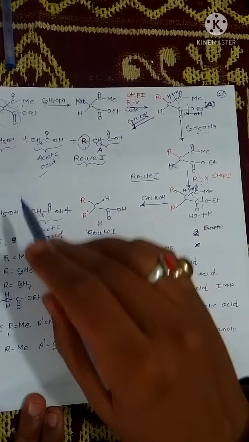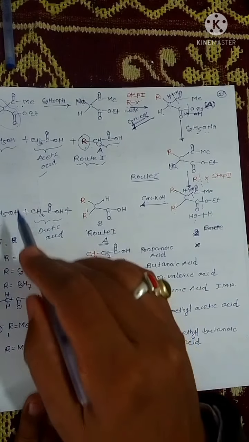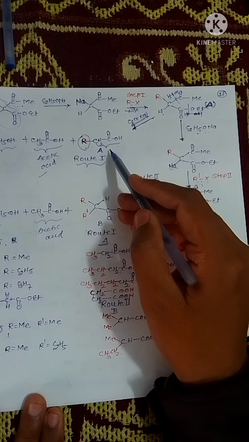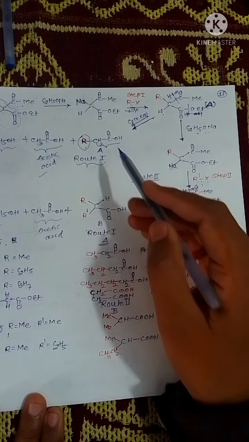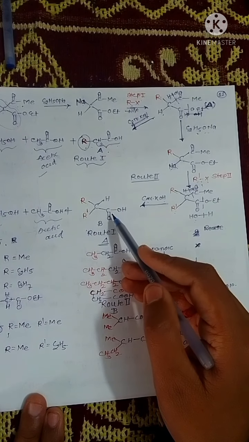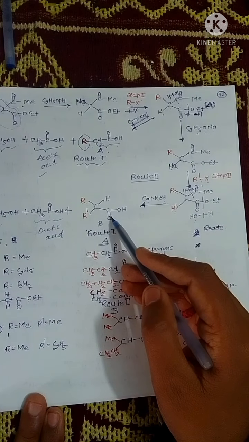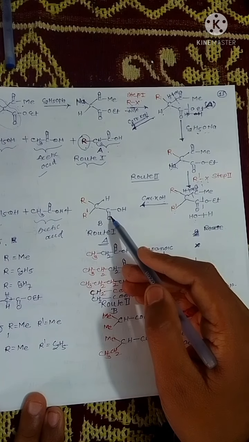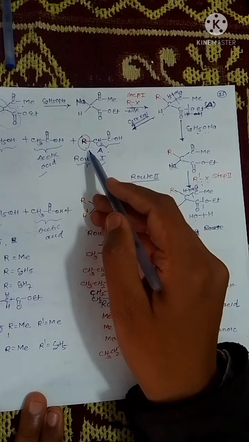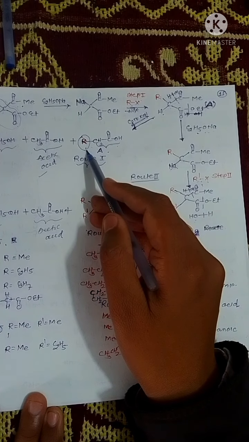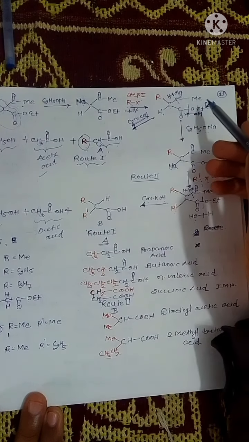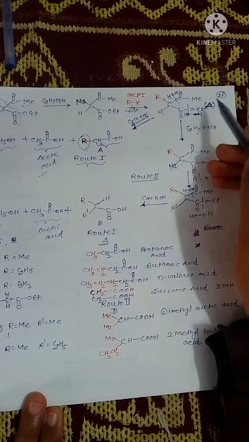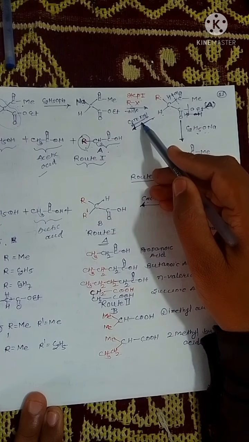Now the important thing during this whole reaction sequence, from your route 1 and route 2, what we want to say is: if we want to prepare straight chain monocarboxylic acid, in this molecule we directly add concentrated KOH.